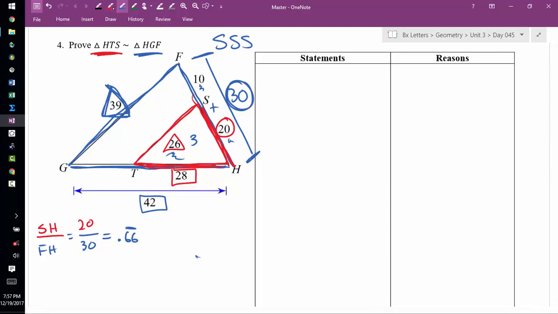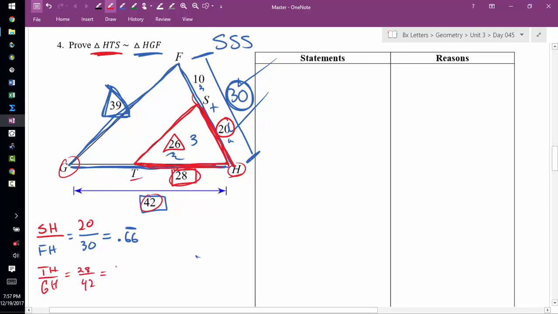The next fraction, now I'm going to just check that off that I've done those. The next one we're going to do are the big sides, 28, right? So I'm going to do T to H, right? TH and GH. Well, those correspond, and that would be 28 over 42. 28 over 42, that's going to equal something.